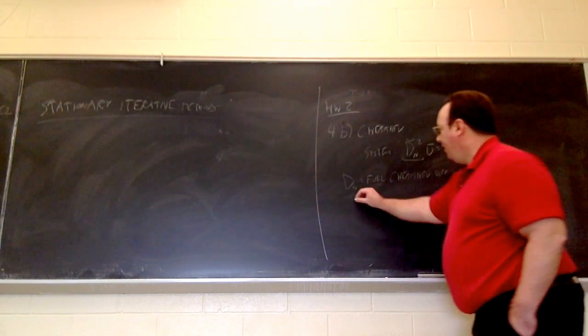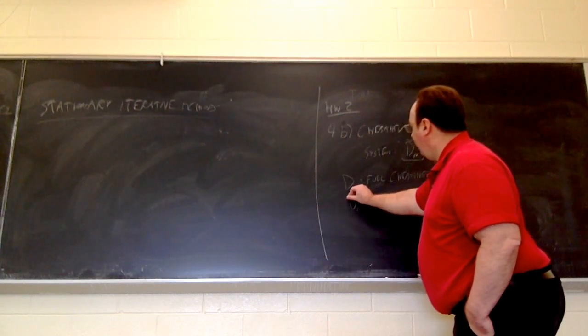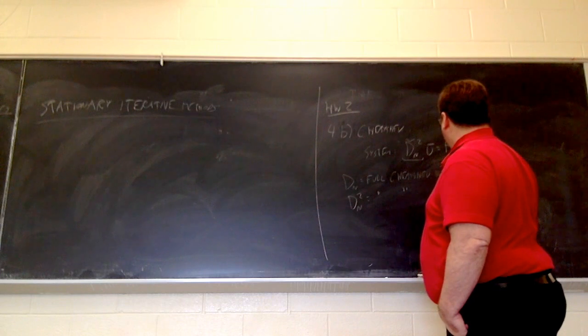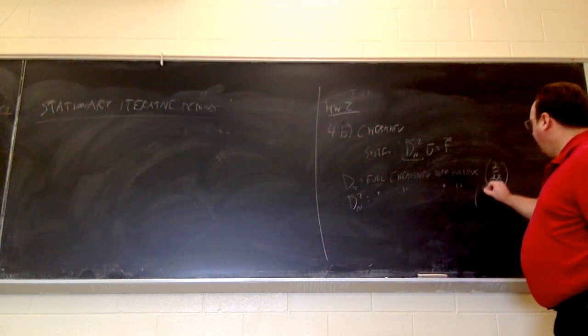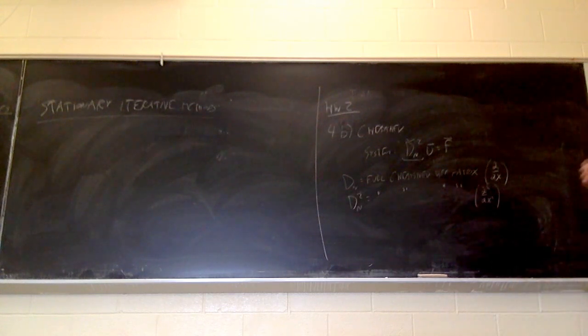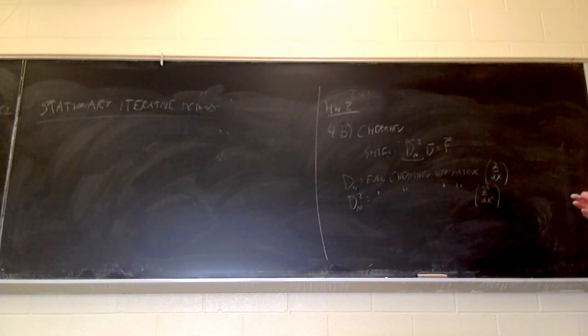And then DN squared is the full Chebyshev differentiation matrix for the second partial derivative with respect to x. So you just go ahead and form DN using the formulas in the notes. But you have to include the boundary entries also, not just the interior ones. Then go ahead and square it.